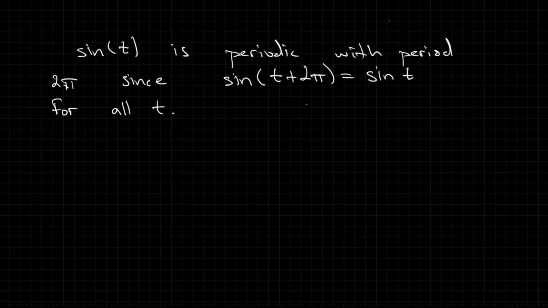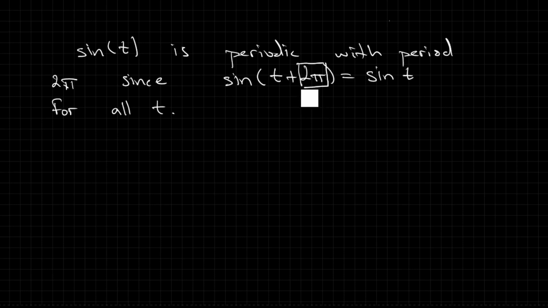And then there's this technical detail that you can't find a smaller thing to add to t. That is, this 2 pi is the smallest positive number that you can add to t, such that sine of t plus that number is sine of t. That last point is pretty technical.